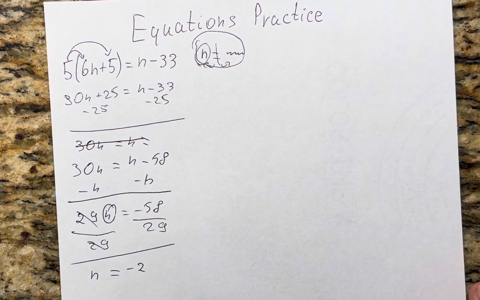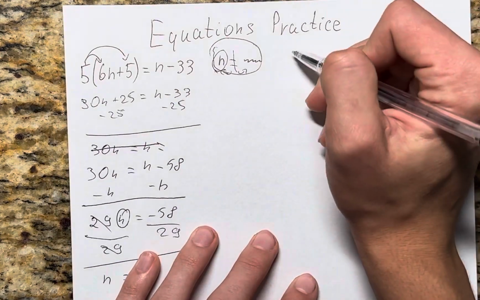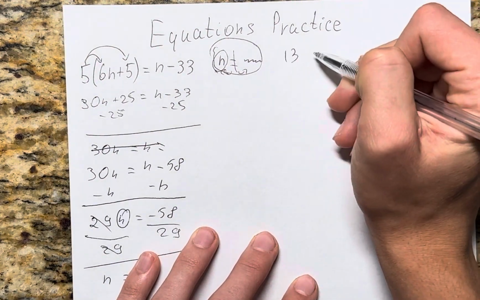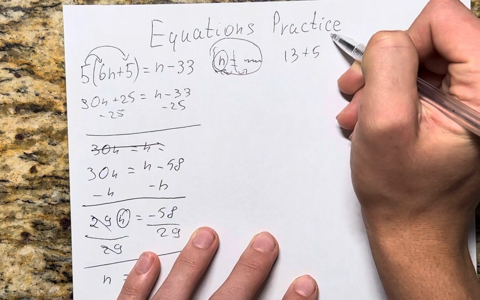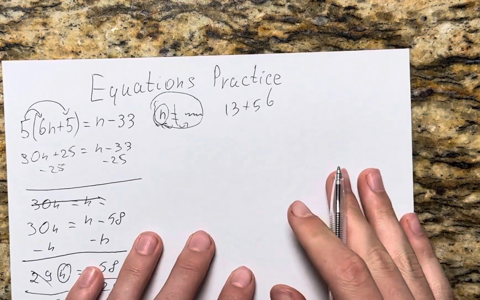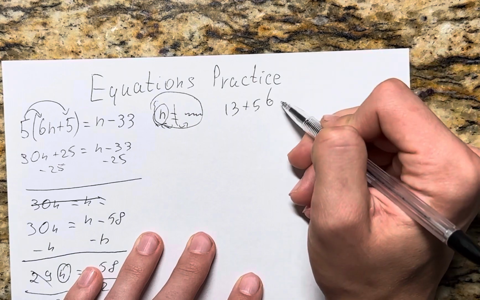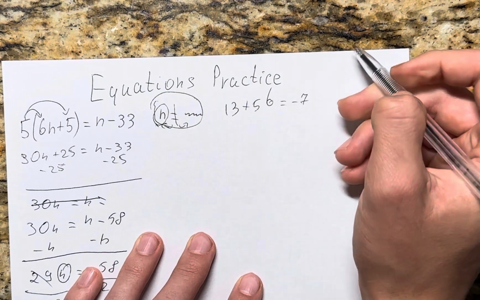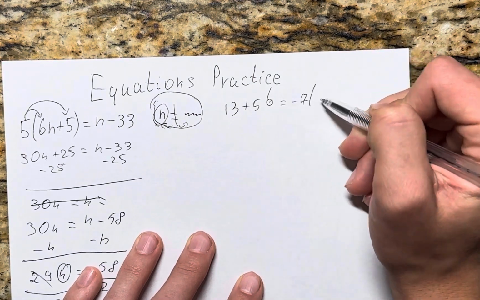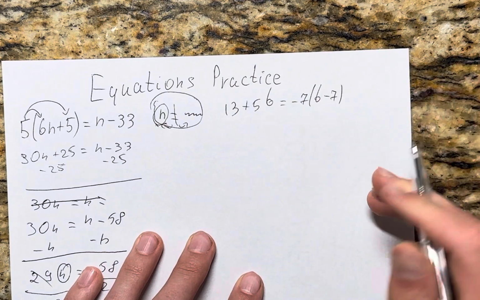Second problem would be 13 plus 5b equals negative 7 times (b minus 7).